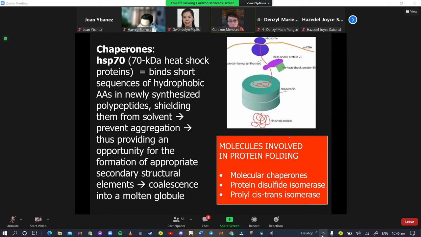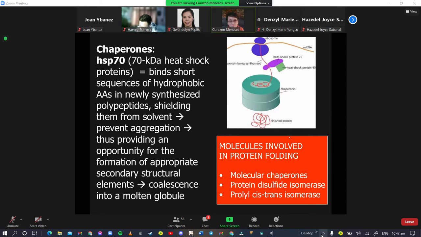If you look at the figure on the side, you have your heat shock protein 70, and there is the heat shock protein 40 attached to it. So meaning to say, for heat shock protein 70 to be well functional, you also need the assistant. This is sort of a co-factor for the 70.